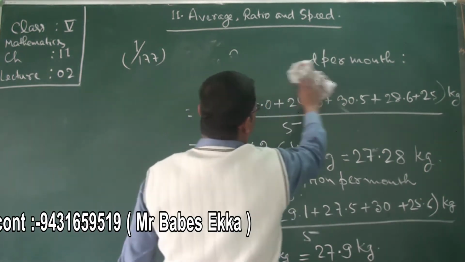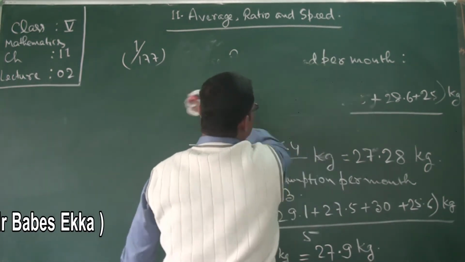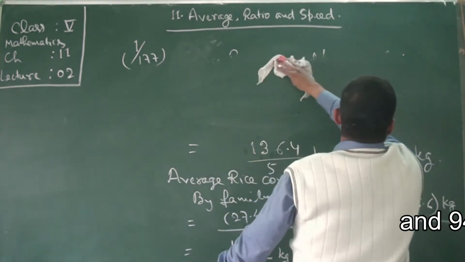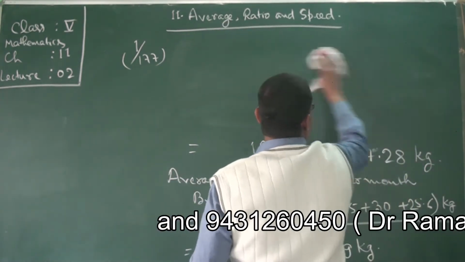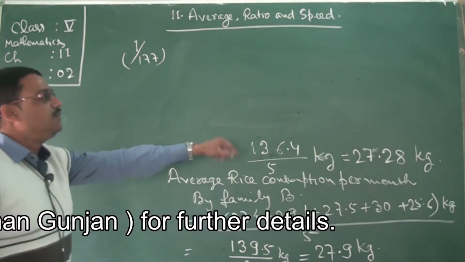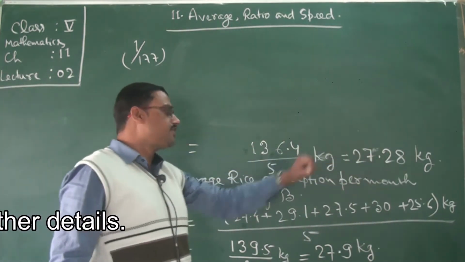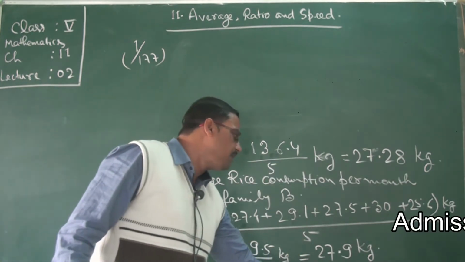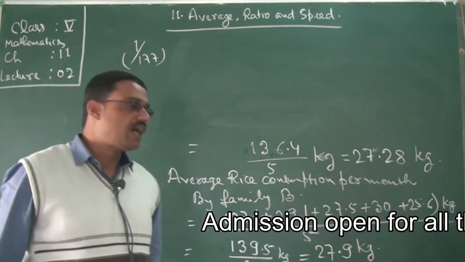Let me rub the first portion. We can write here, for family A we have got 27.28 kg and for family B we have got 27.9 kg.